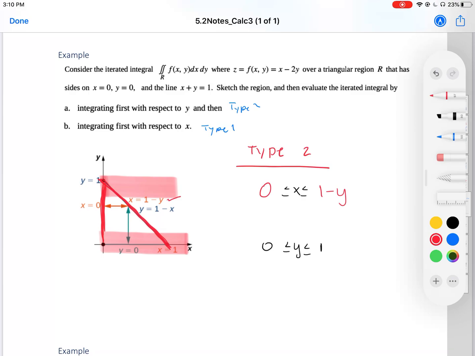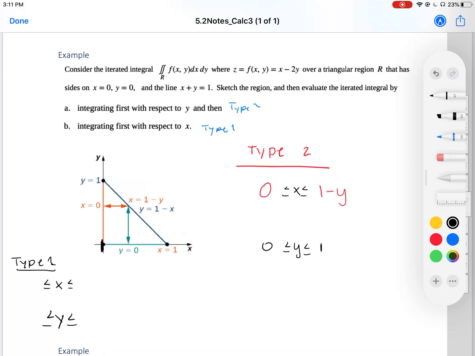Well, we did type 2, let's do type 1, in terms first with respect to x. For type 1, you erase those notes. We want to look at our graph from the x-axis on up. So let's enclose our x values and our y values.